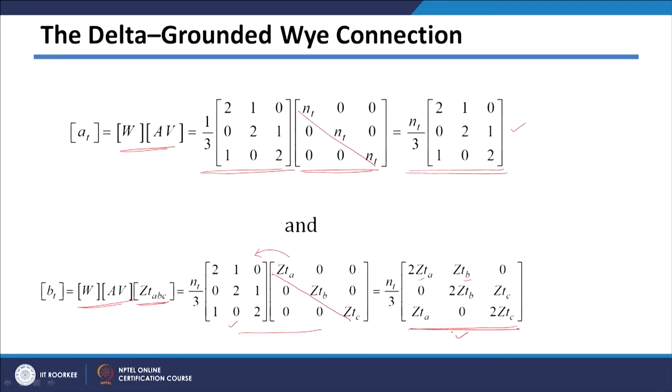And as I told you, if impedances are the same, as they generally are, the impedance will also come out. So your matrix will be NT into ZT, if they are equal, divided by 3, times the matrix 2 1 0, 0 2 1, 1 0 2. This will be your BT parameter. So you got AT and BT for the delta and grounded Y connection.